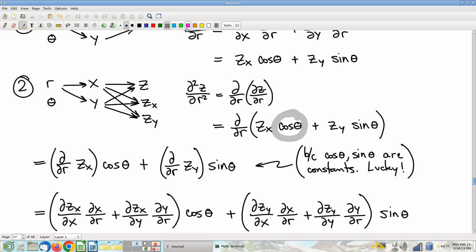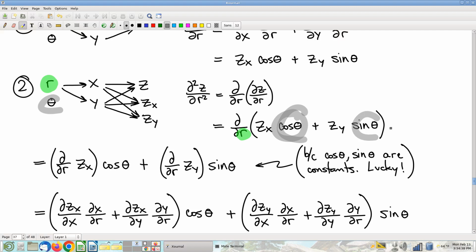The point is, I am taking a partial with respect to r. r is right there. All of the other variables in its world then are held constant. Of course, there is only one other variable, that is theta itself, constant, and if theta is constant, then cosine theta is constant. And likewise, sine theta is a constant as well.